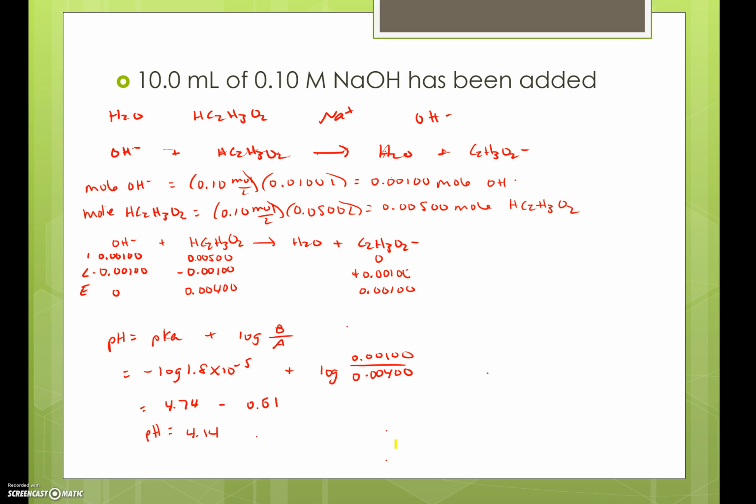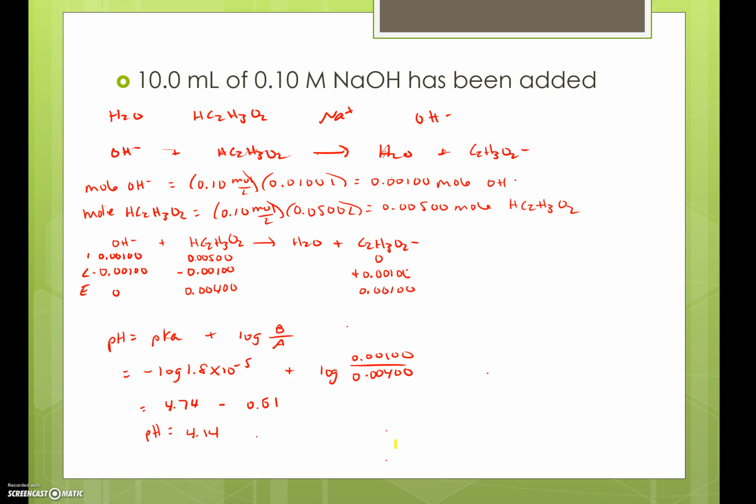We'll take the molarity times the volume, and that gives us 0.00500 moles of acetic acid. Now we can make our ice chart. We know that the hydroxide is going to react to completion, and once that reaction is complete, we're going to have 0.00400 moles of acetic acid and 0.00100 moles of acetate ion.